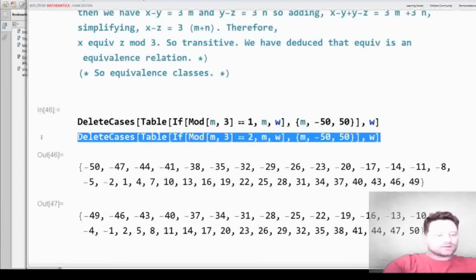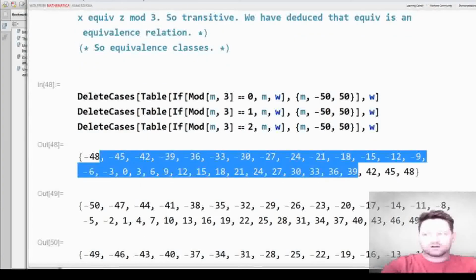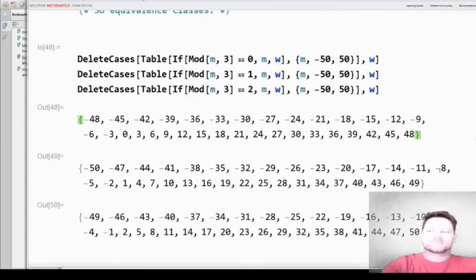And finally, if we copy this, let's find those that are divisible by 3, and we'll just change this to 0. Shift enter. So up here we find all of the numbers between -50 and 50 that are divisible by 3. So this is showing you the equivalence classes, except of course not all of them are there because you need to go from minus infinity to infinity to get them all.